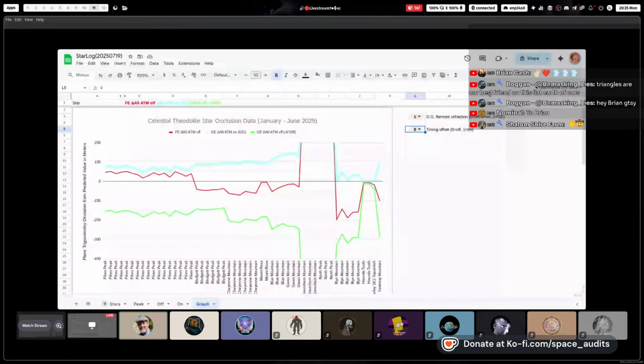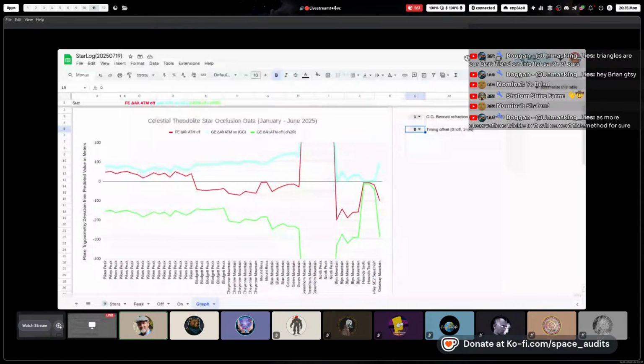The green line on the bottom is without refraction. That shows how much below where the mountaintop is predicted to be that the star is located. So that was Goose's upper and lower star respectively. One right on the mountaintop is the red line, and you can see it's not perfectly on 0, but it's the one that's actually in between the two globe Earth predictions.